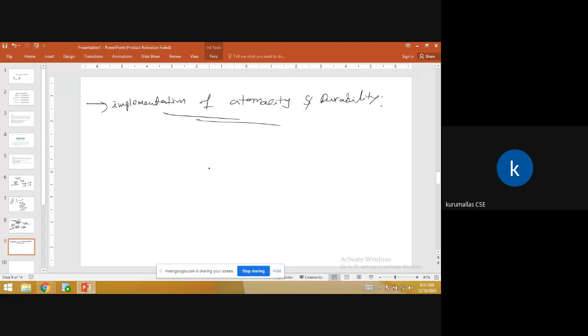To implement atomicity and durability in the database, database administrators and top level companies maintain the shadow copy technique. What is the use of the shadow copy technique?